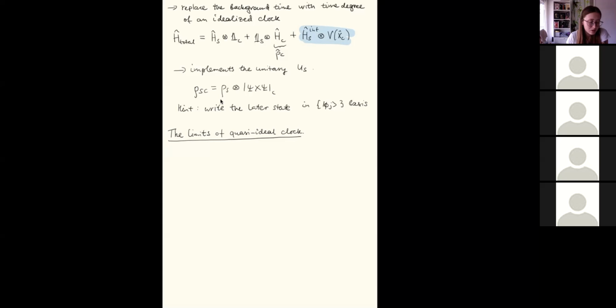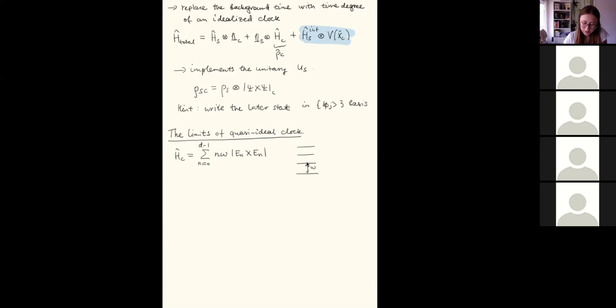It is usually seen as a d-dimensional system with equally spaced energy levels. So the Hamiltonian of the quasi-ideal clock is just the following. This is essentially the equally spaced energy levels: two levels are separated by energy omega.